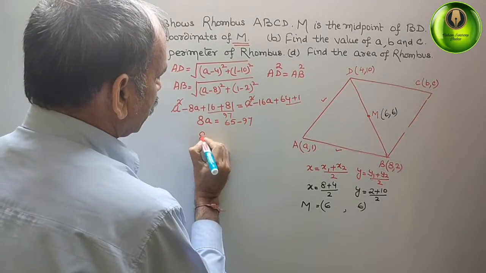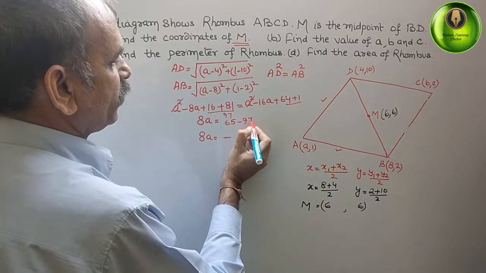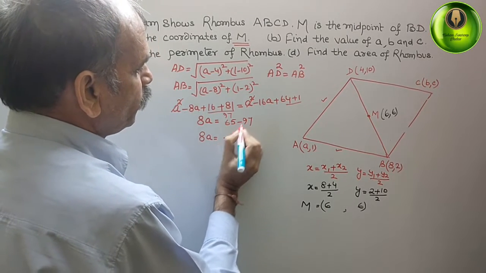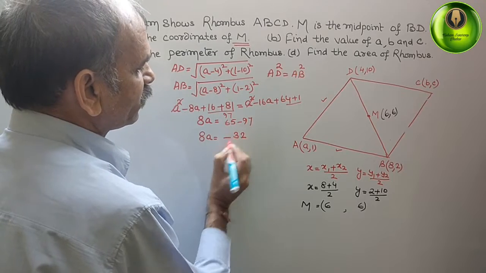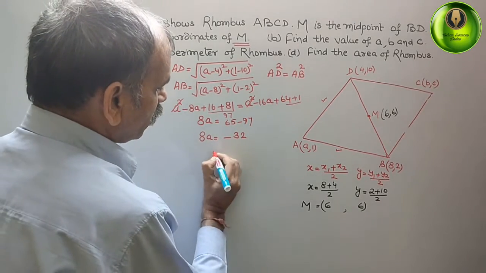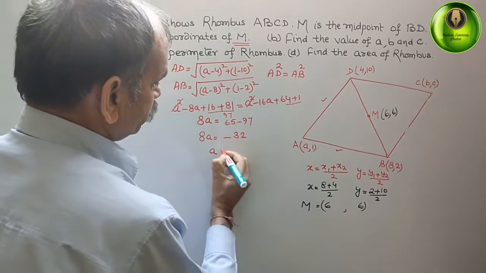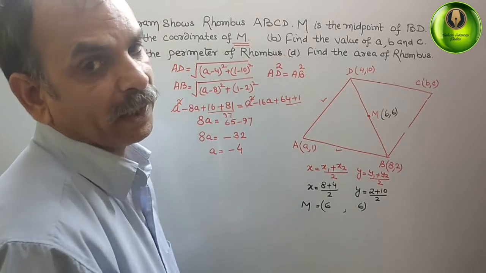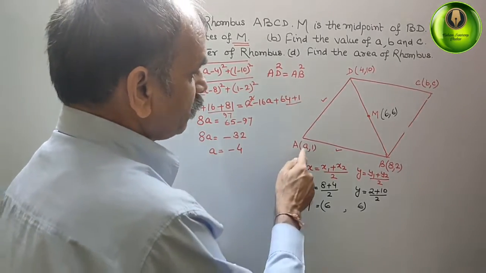So 8a is equal to minus 32. So a is minus 32 by 8, that is minus 4. A is minus 4.